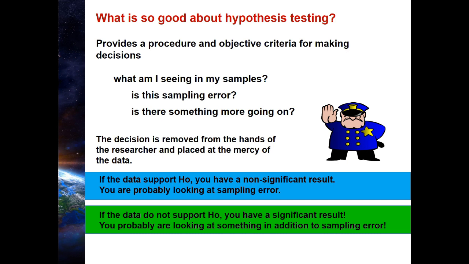You're just saying that the data did not reach the criteria where you could claim that there was something else going on besides sampling error. So again, if results are not significant, express that by saying not significant, or you can say non-significant. Never say insignificant.